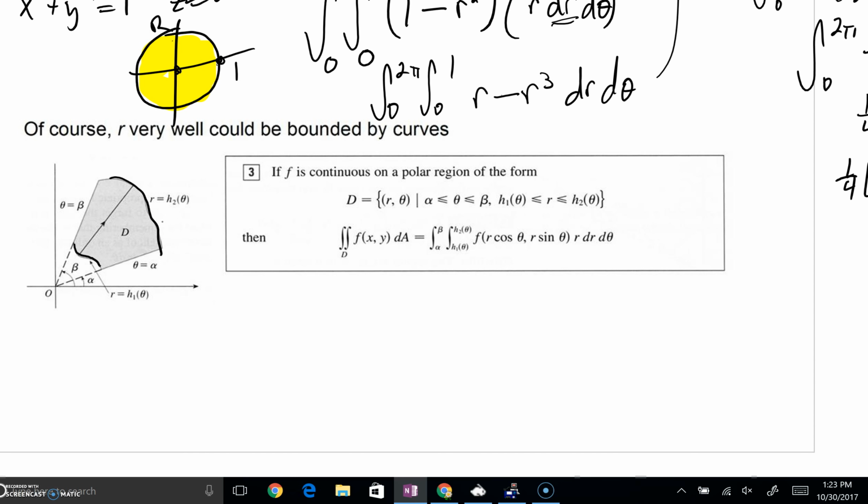What if the smallest boundary would be h sub 1 of theta? And the farthest away that you could get, the biggest r could ever be, would be bound by h sub 2 of theta. Well, you can see what's going to happen then. You're just going to get those boundaries to show up instead of strict numeric bounds.